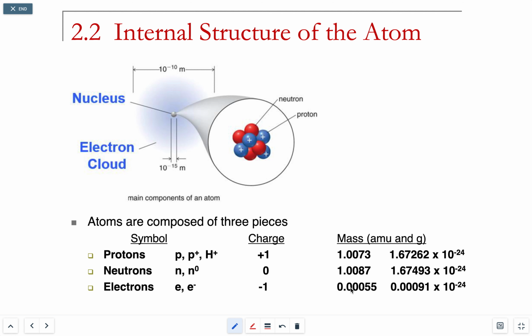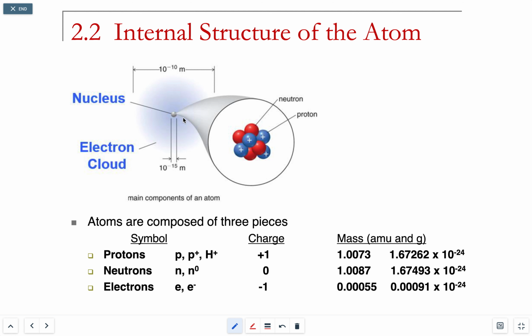They have so little mass that they tend to be moving very fast, way faster than these heavy particles. So they're out here moving around in some sort of complicated motion. Now, the other thing that I want you to have some understanding of is the relative size of the nucleus to the total size of the atom.